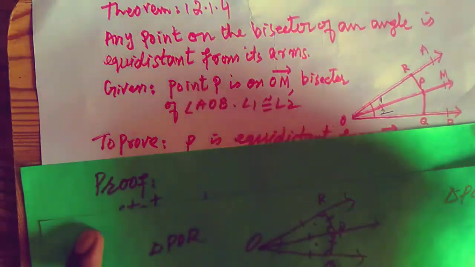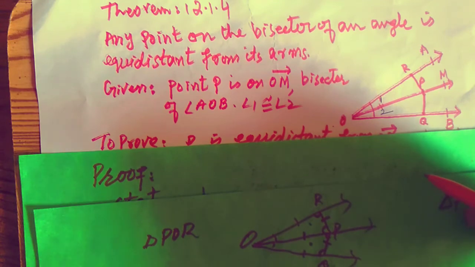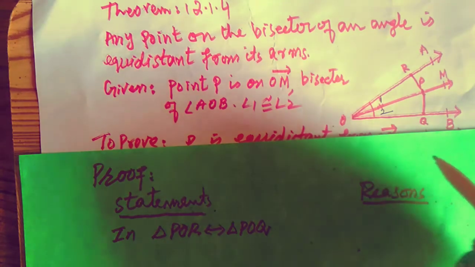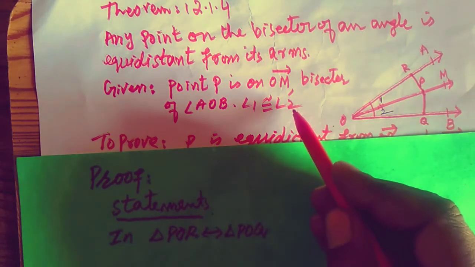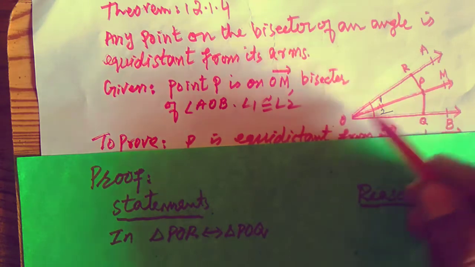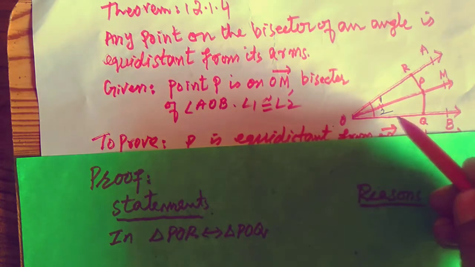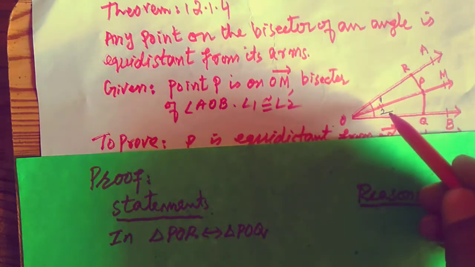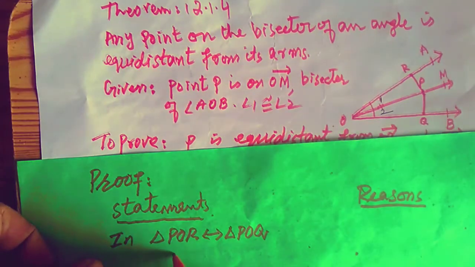So, in the given, angle 1 congruent angle 2. From triangle POR we take a component, and from triangle POQ we take another component. It will be a pair of components, which is called given.